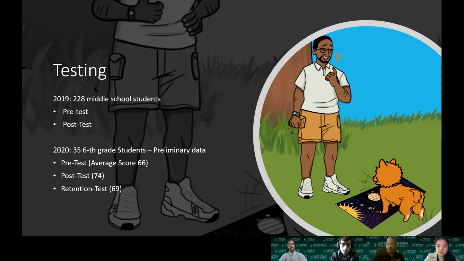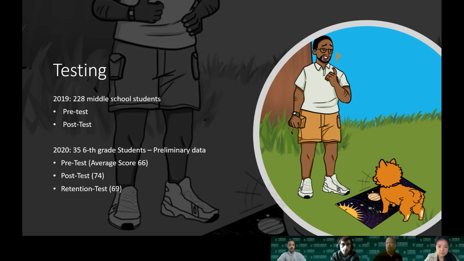So with that as a basis, we then went on to this year, where we were hoping to be in the classroom again. However, the world stepped in, and so we had to change our experimental setup. As you can see on the screen, we have pre-test, post-test, and retention test set up.